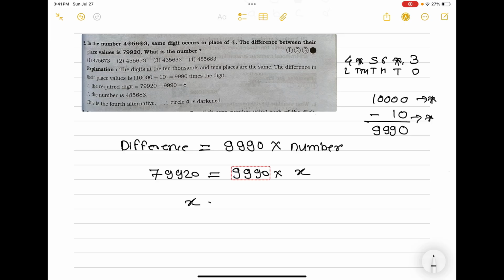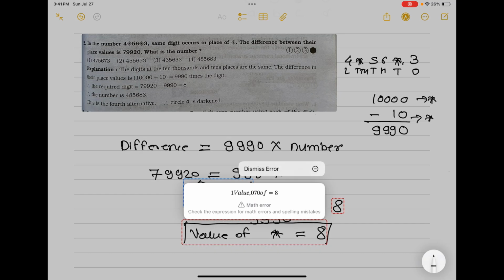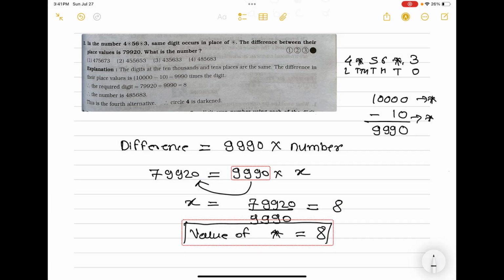So now if we need to calculate x, then take this on this side. 79920 divided by 9990 comes equal to 8. The value of star is equal to 8.